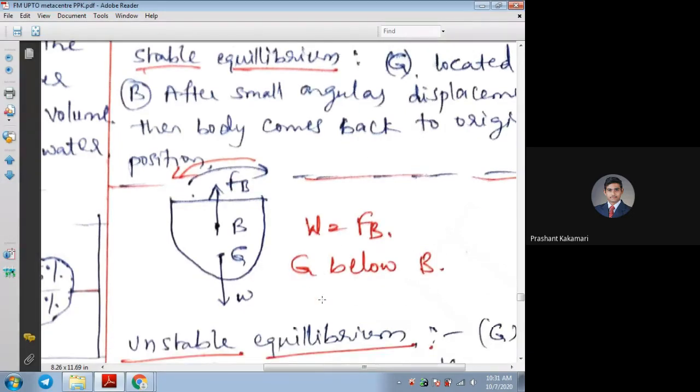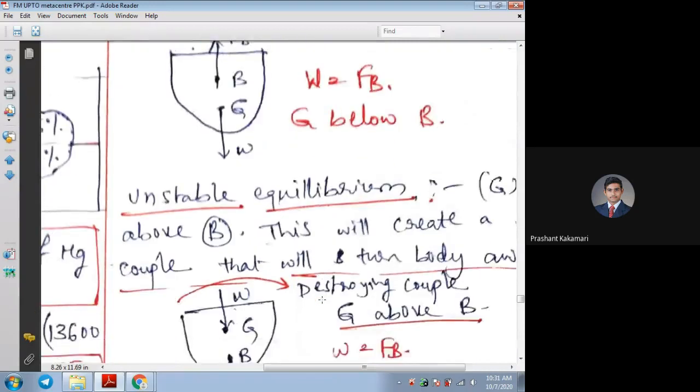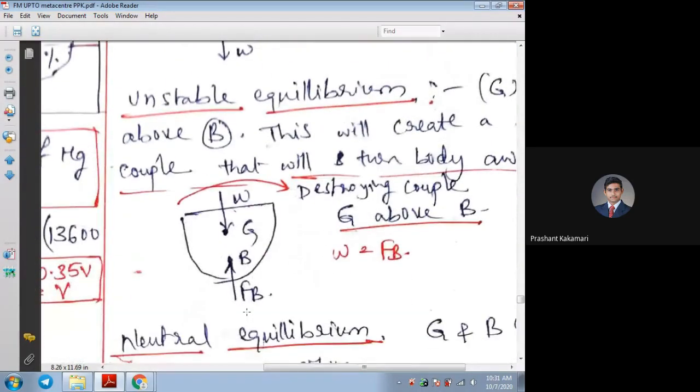Then one more case you can see, unstable equilibrium, where B is considered below G. In this case, W is always equal to FB. But what will happen here is, when the buoyancy point B is lower, see here, the center of the volume of liquid displaced is itself the buoyancy point where the force is acting.